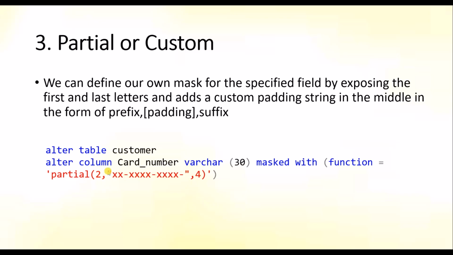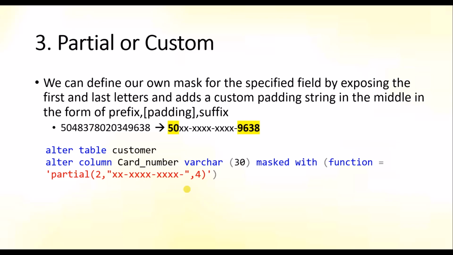So for example, this is my card number. I want to expose the first 2 characters, which is the prefix, and I want to expose the last 4 digits of the card, which is the suffix, and I will mask the remaining digits with xxx like this, exposing the first 2 characters and last 4 characters and masking the other characters.